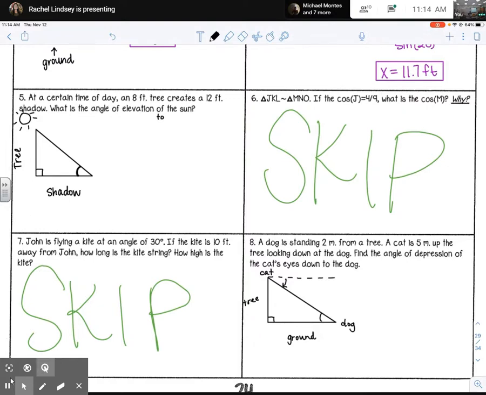So I drew the pictures, now you label them, you solve them.